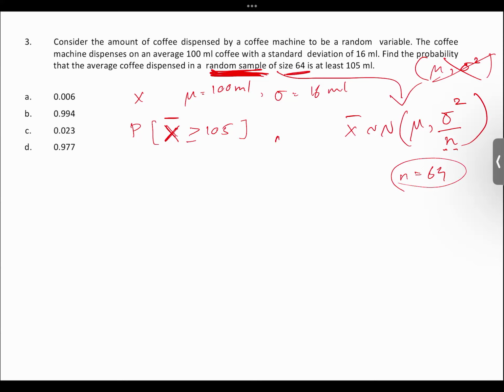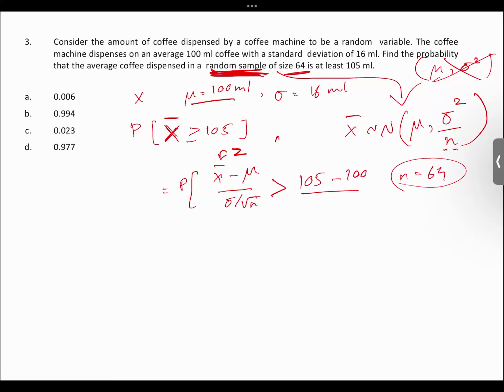Yeah, so let's calculate this. So we'll have P of x bar minus mu by sigma by root n. This is the z approximation for this. This should be greater than or equal to, so x bar greater than 105 minus mu is equal to 100 divided by sigma by root n.